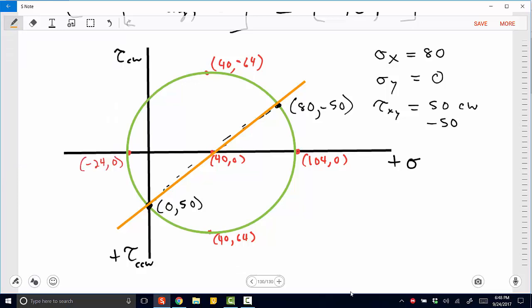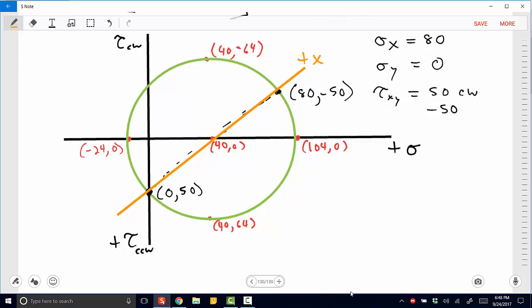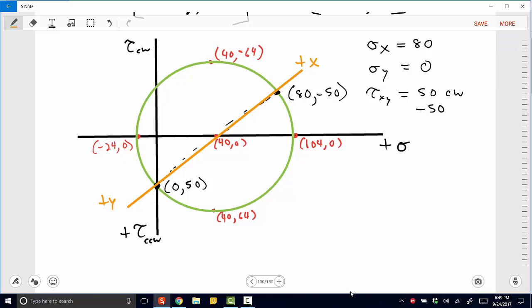And let's note that this is the positive x side, meaning that we have sigma x and tau xy, and this is the positive y of the body. So we have 0 and we have the positive 50 on this side. And so we've been able to draw our Mohr circle.